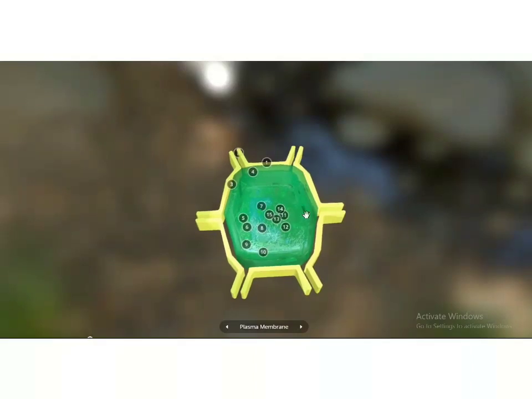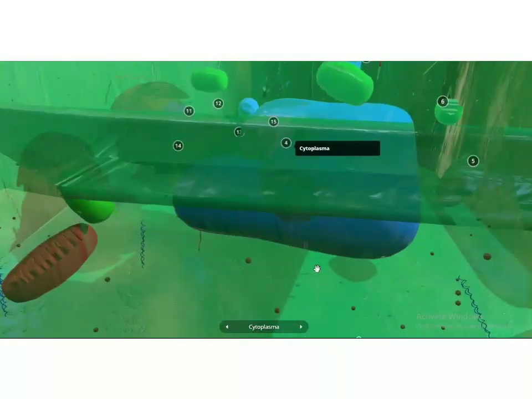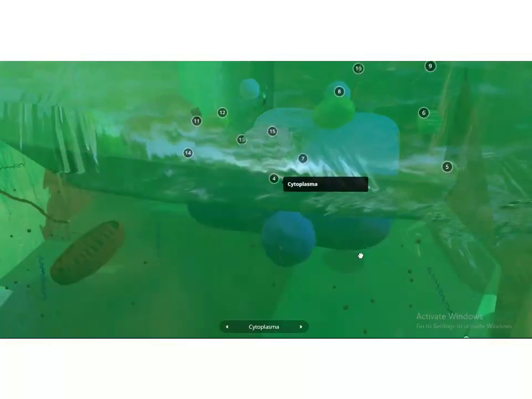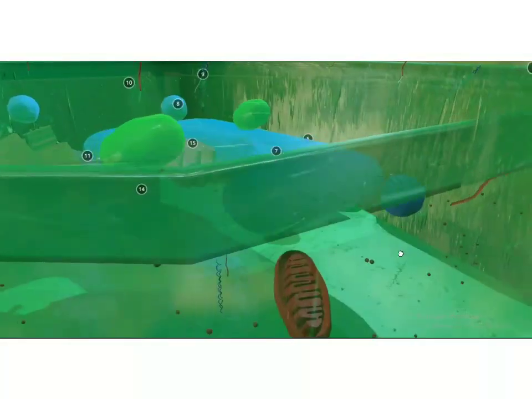Now let's see the protoplasm or cytoplasm. Here you see this greenish jelly-like sticky structure. This is cytoplasm. So what are the differences between protoplasm and cytoplasm?